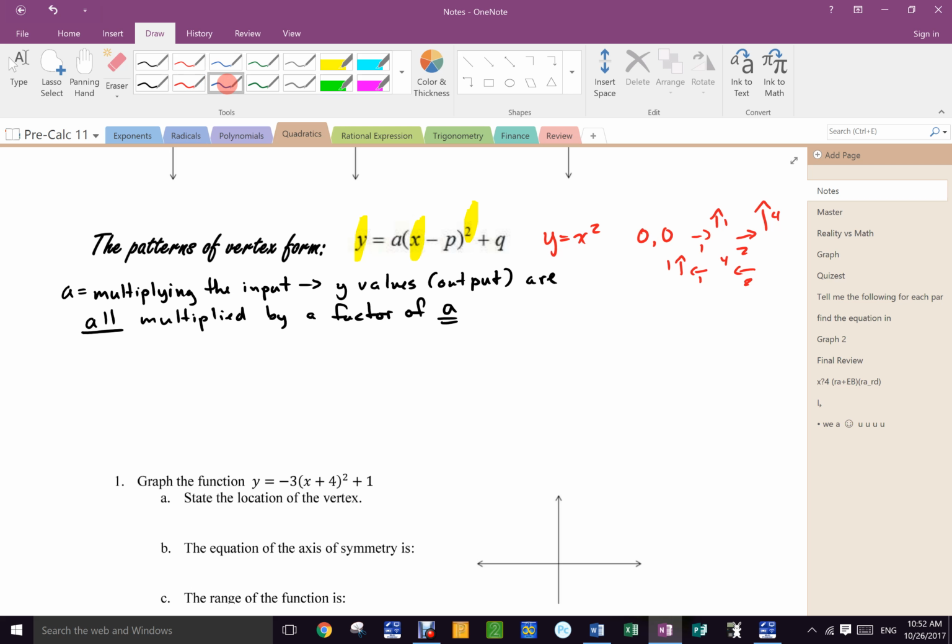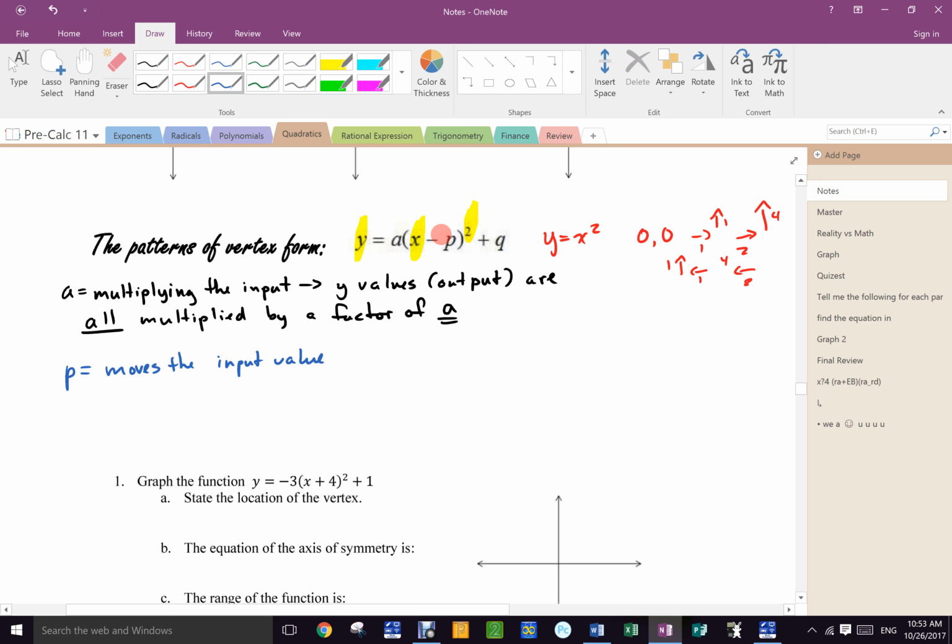Let's move on and talk about the next letter. The next letter in our row here is P. What does P do? What is it attached to? X. P moves the input value.